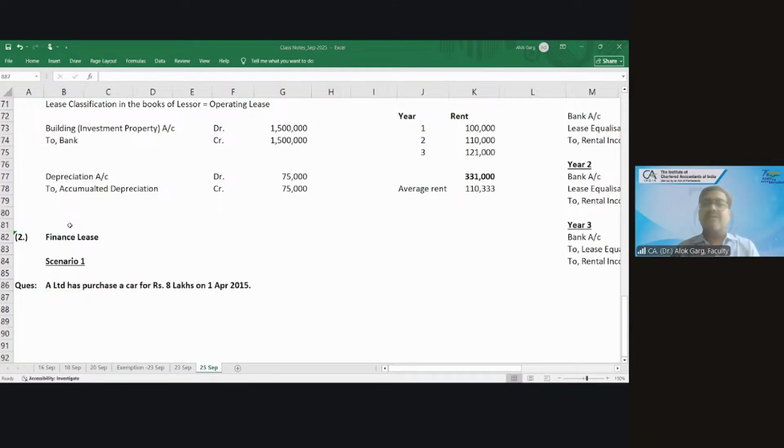After 1 year, A leases out the car to B for rupees, let's say 1.25 lakh per annum for 4 years.